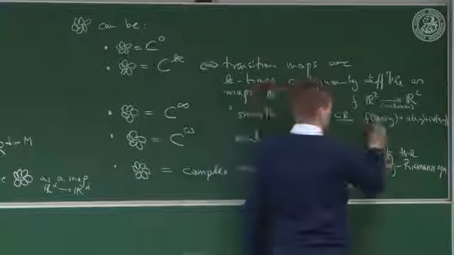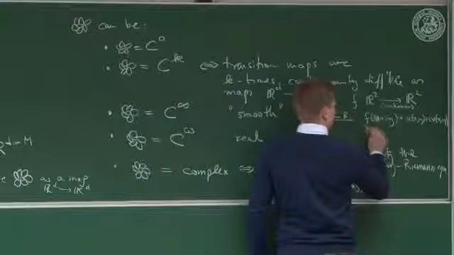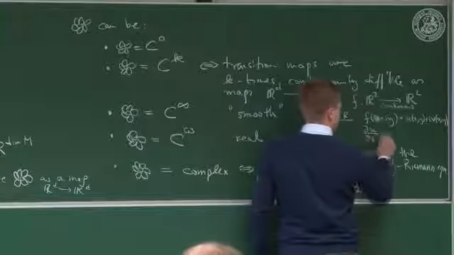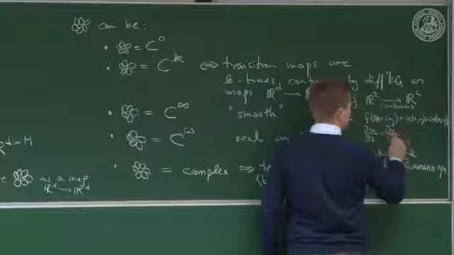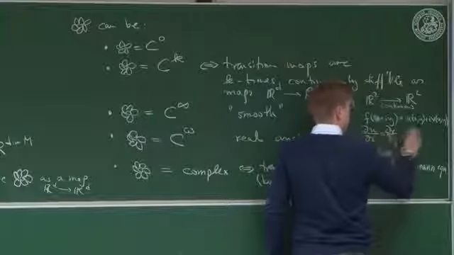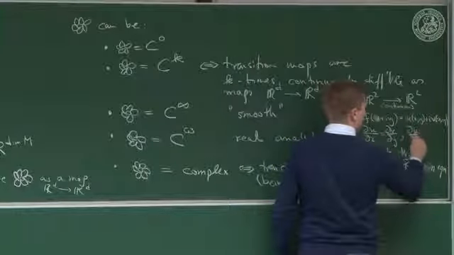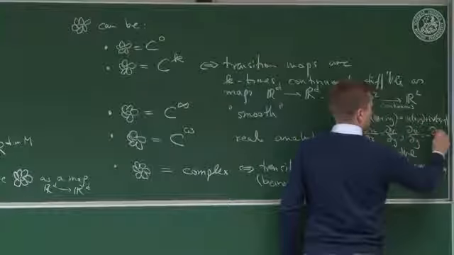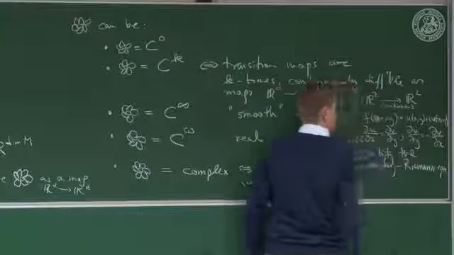And then the Cauchy-Riemann equations are that du/dx is dv/dy, and du/dy is minus dv/dx.